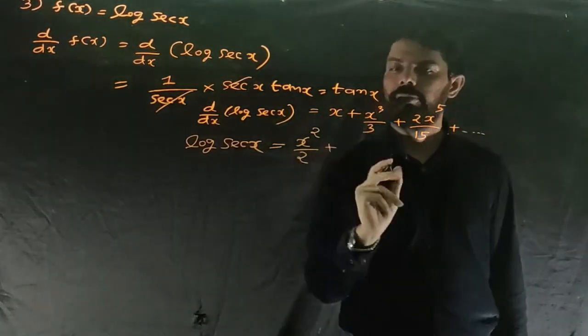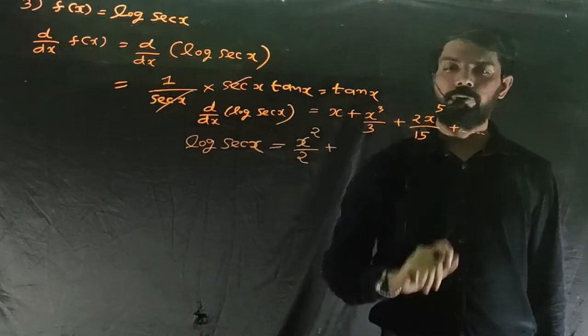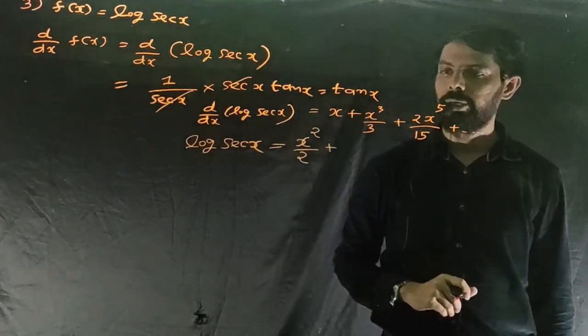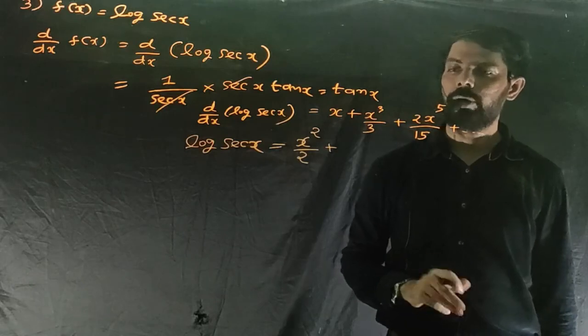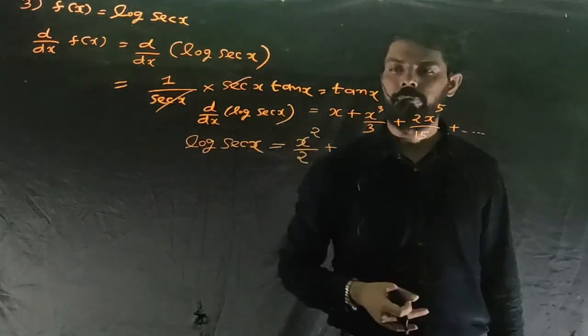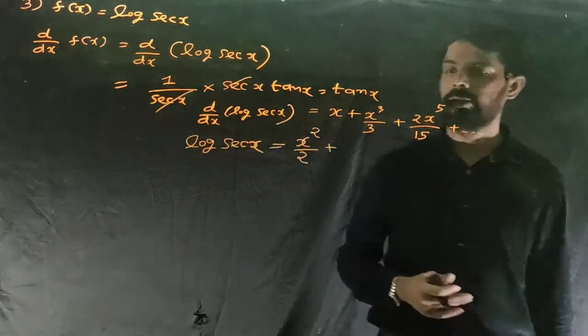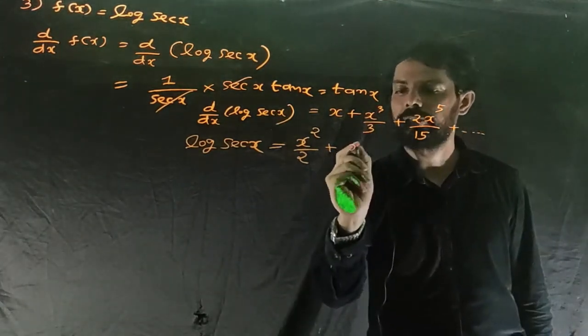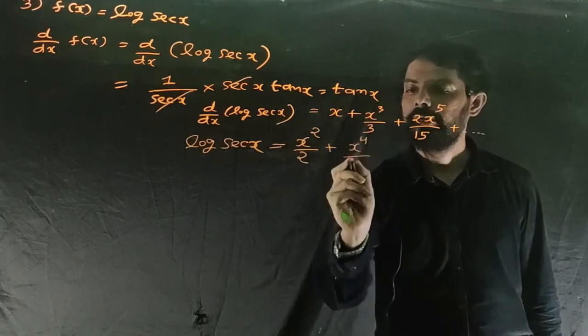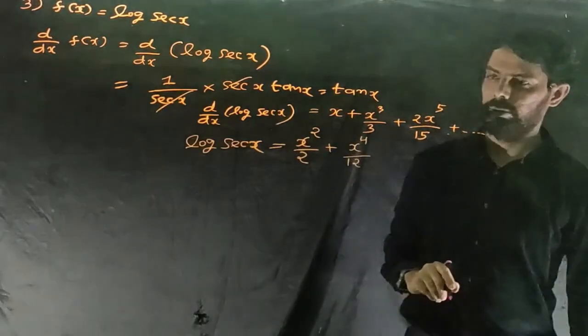Clear? Plus, now again integration of x cube will be x raised to 4 divided by 4. Using the same formula, if we simplify this, it will be x raised to 4 divided by 12.